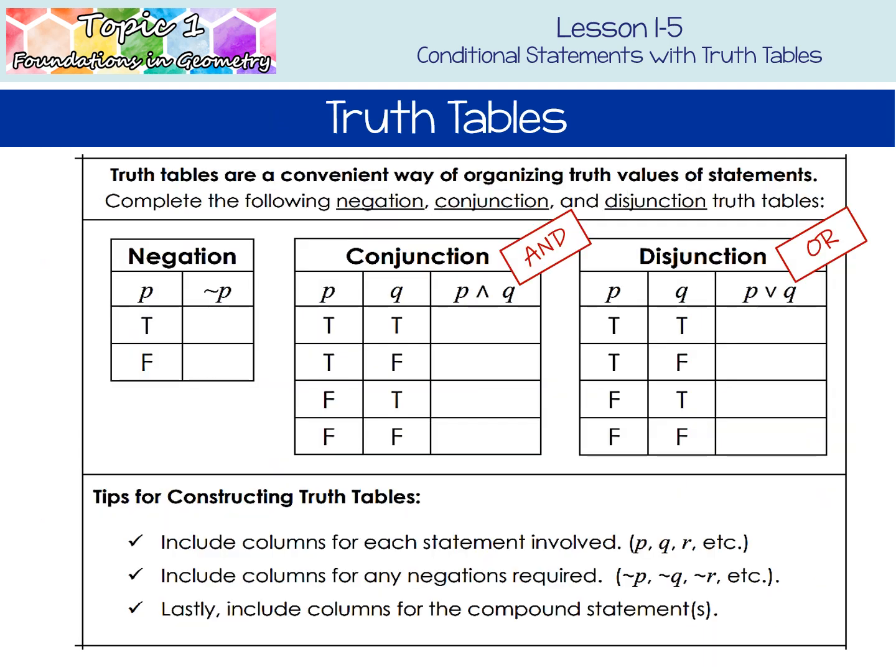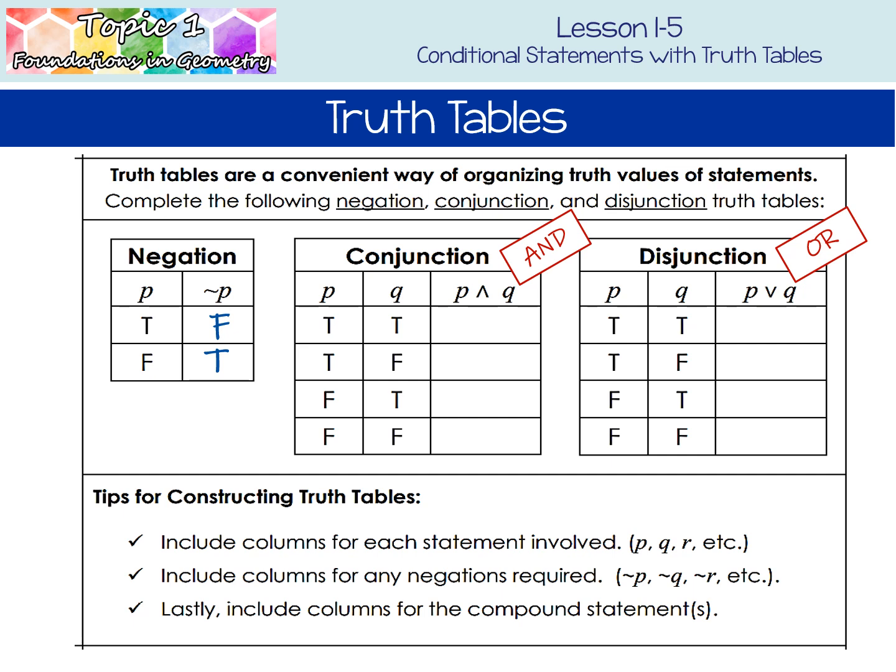Truth tables. Truth tables are a convenient way of organizing truth values of statements. Complete the following: negation, conjunction, and disjunction truth tables. So negation. If P is true and you negate it, that's going to be false. And if P is false but you negate it, it is going to be true.